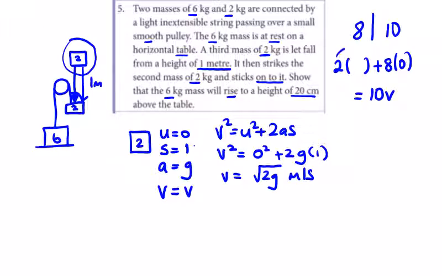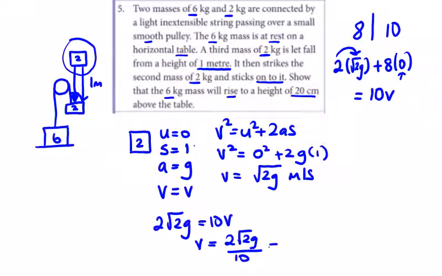So this 2 kilogram, we've just worked out the speed of it to be the square root of 2g, and that will be times 2, and then the u here is 0 for the at rest. So we have 2 root 2g is equal to 10v. So the speed of the new system is going to be 2 root 2g over 10, which is equal to root 2g over 5 meters per second.